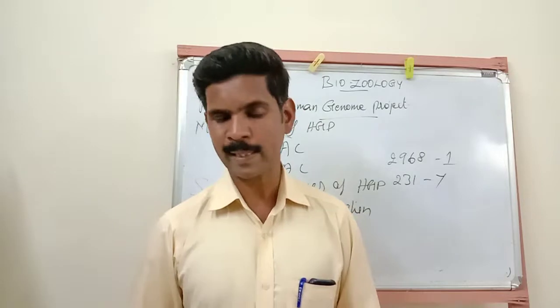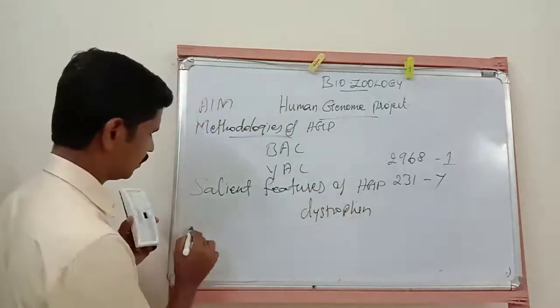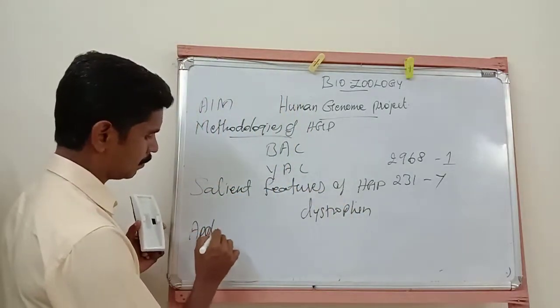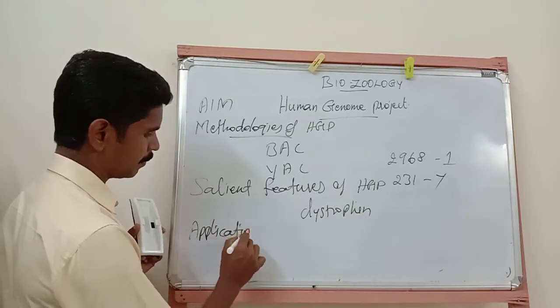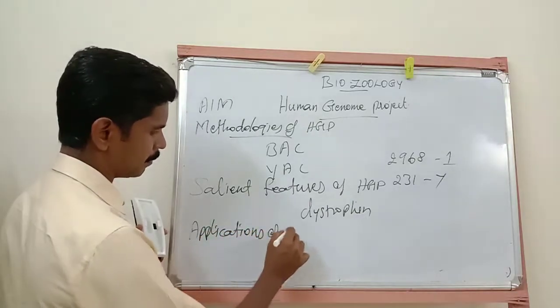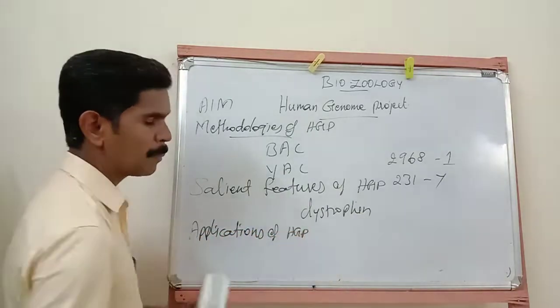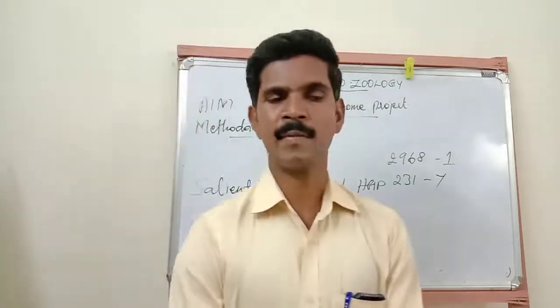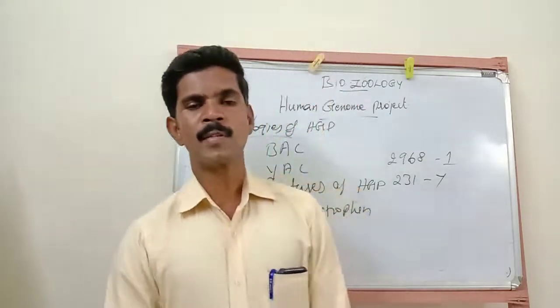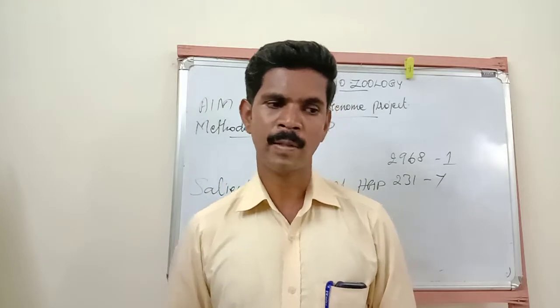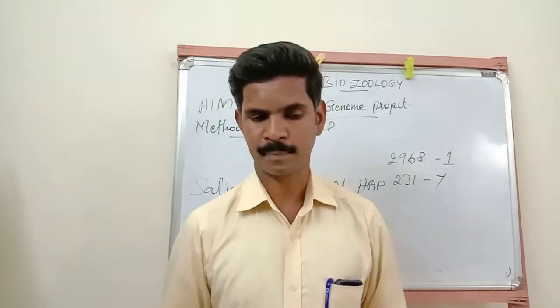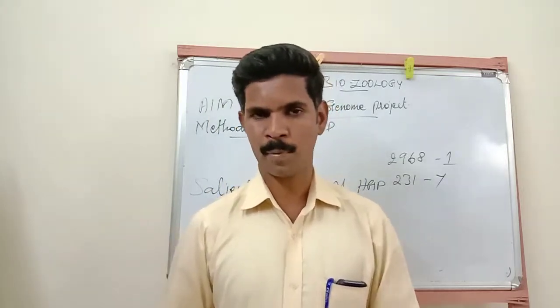Then next is applications of the Human Genome Project. Listen very carefully. The Human Genome Project plays a very important role in the biological field. Now we are going to study them one by one.